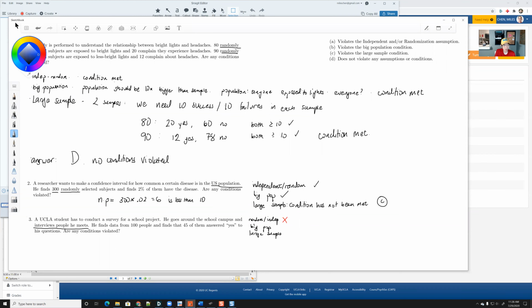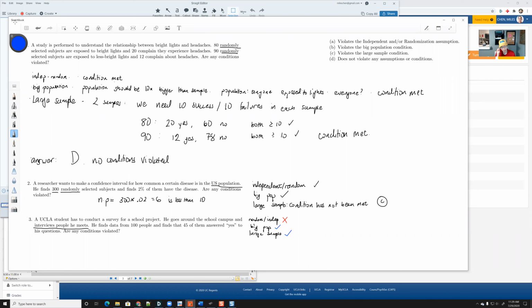Okay, so big population. If UCLA campus is our population, the UCLA student body, it's big. I don't know how many people, 40,000 something. Lots of people, okay? Large sample, we sampled 100 people. We got 45 yeses, which means we have 55 no's.